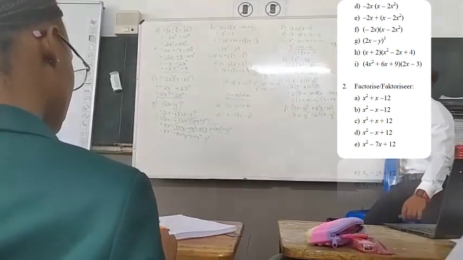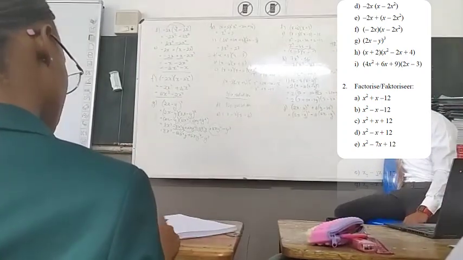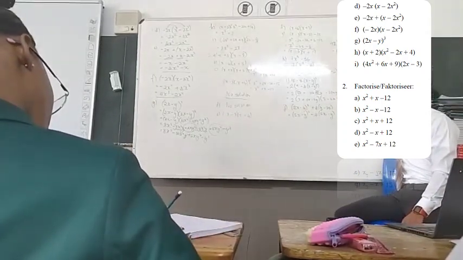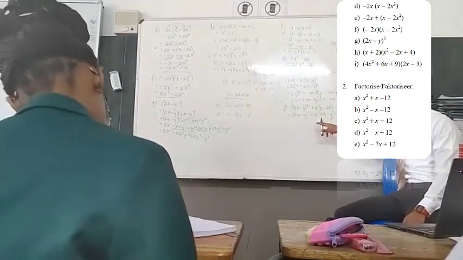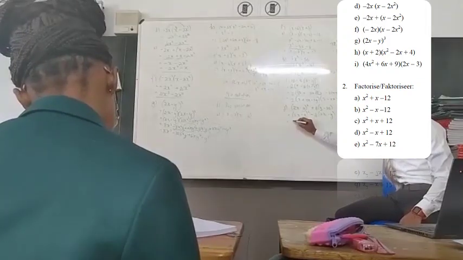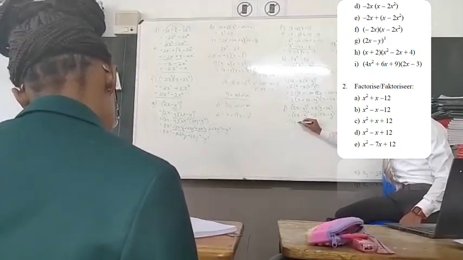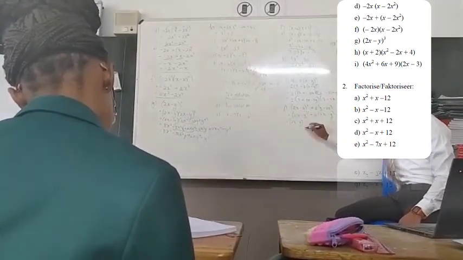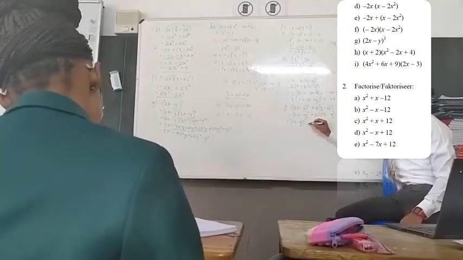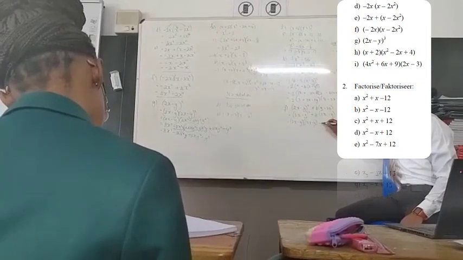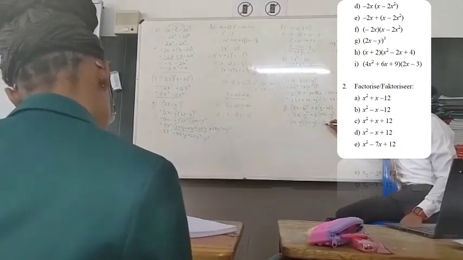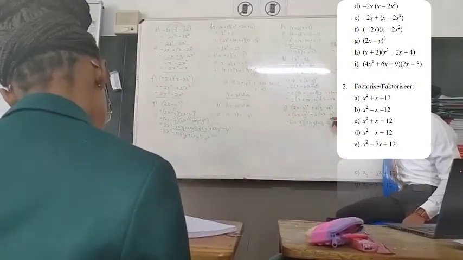Yes. I can take out a common factor. And what is my common factor here? A. Alright, but in this case, what is my common factor now? The bracket. So if I take out the bracket, what remains? I'm going to take out the bracket 2x minus y. It's divisible by 1. Alright, so that's going to mean one more bracket is going to be remaining there. Minus 4. That bracket cancels out and it looks something like this.